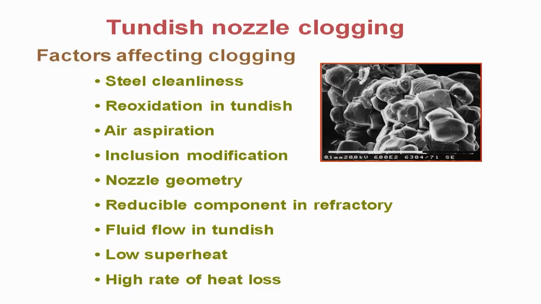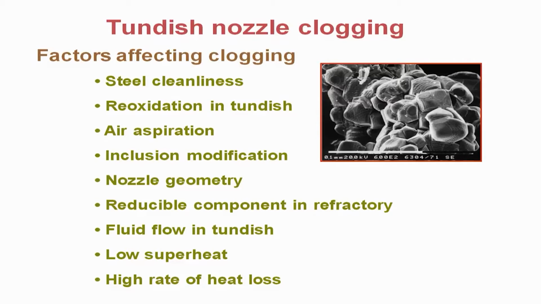The picture shows how the clogged product looks under the scanning electron microscope. These are basically some solid particles. Now, what are those solid particles? You can know from the EPMA or rather EDX or WDX studies, which will tell us what elements are present. I will come to it just after this.